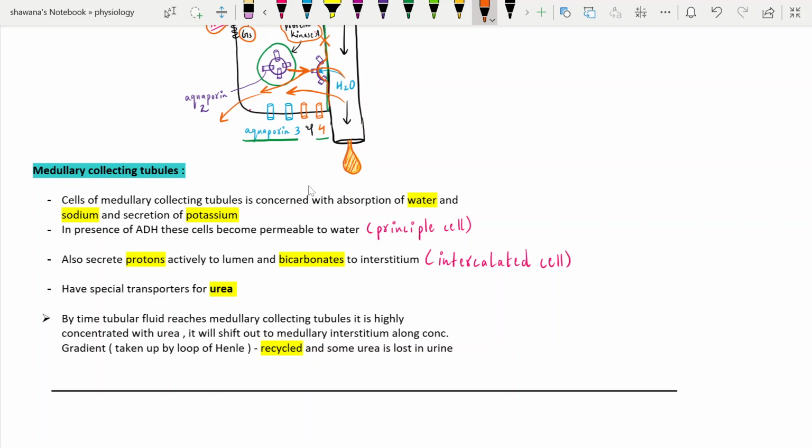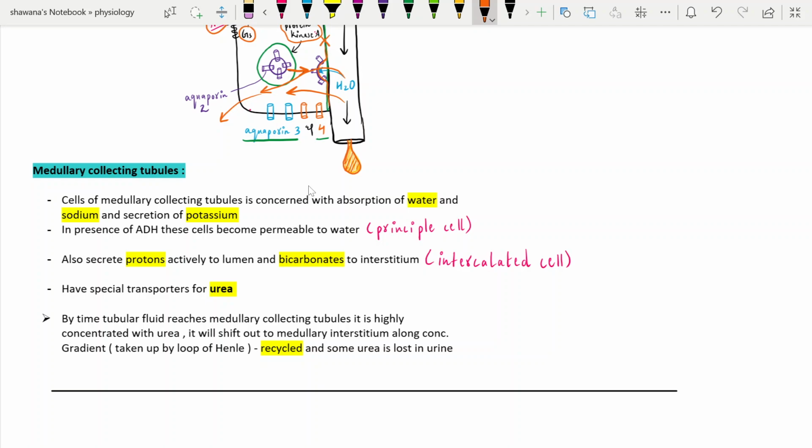This is the early distal tubule, and this is the late distal tubule. And we have talked in detail about the cortical collecting tubule, and now we are talking about the medullary collecting tubules. Medullary collecting tubules has some cells that function in somewhat the same manner as the early distal tubule, the late distal tubule, and the cortical collecting tubules.